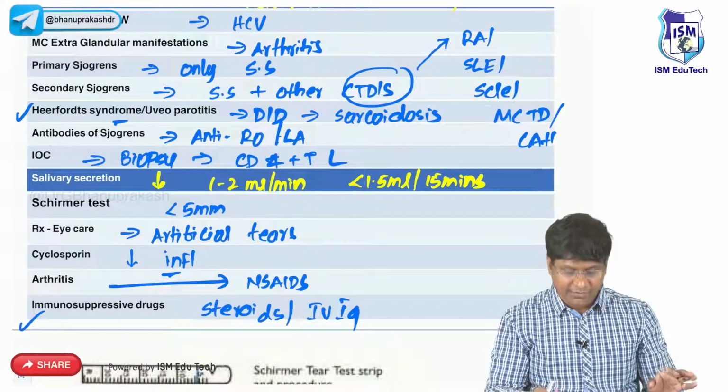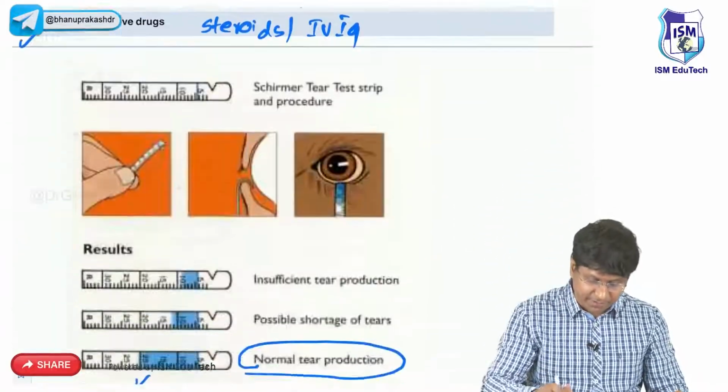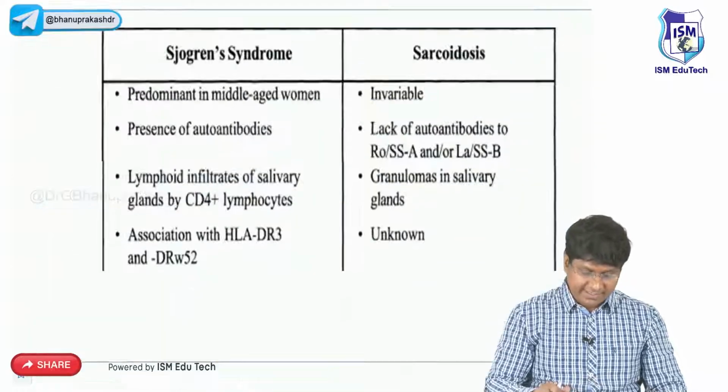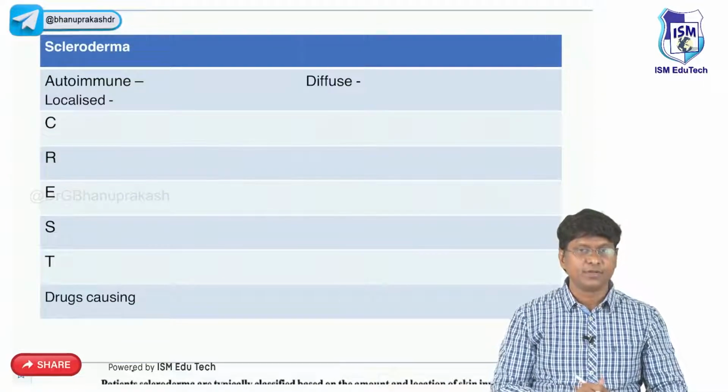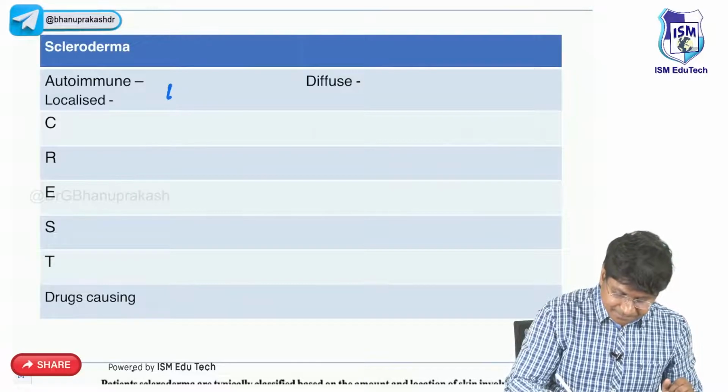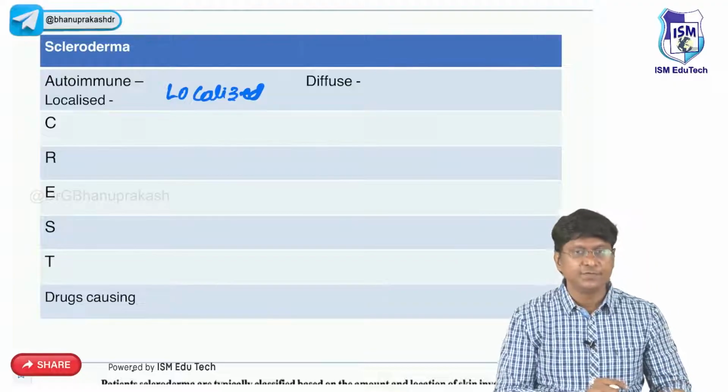Now, once we are done with Sjogren's, the next important topic in connective tissue disorders will be scleroderma, right? In scleroderma, we have two forms: one is localized scleroderma and the other is diffuse scleroderma.